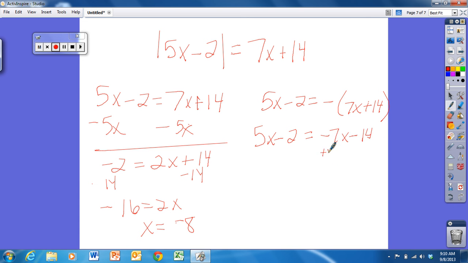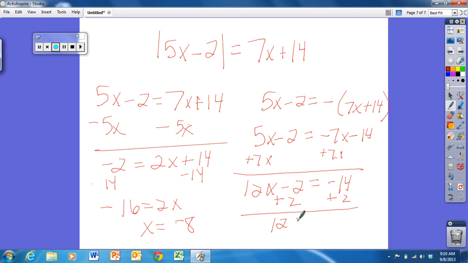I'm going to add 7x, so 12x minus 2 equals negative 14. Add 2, 12x equals negative 12, x equals negative 1.